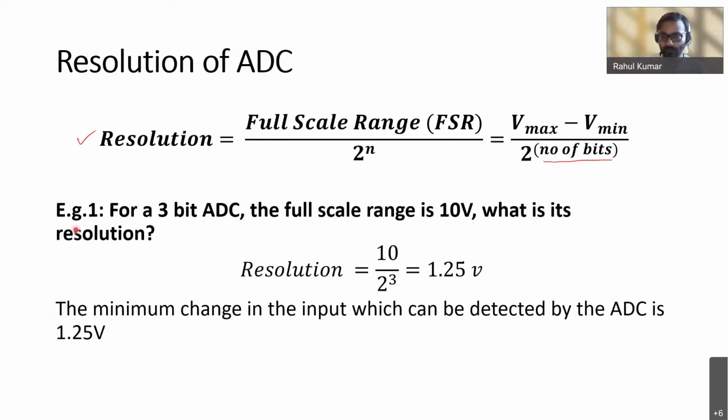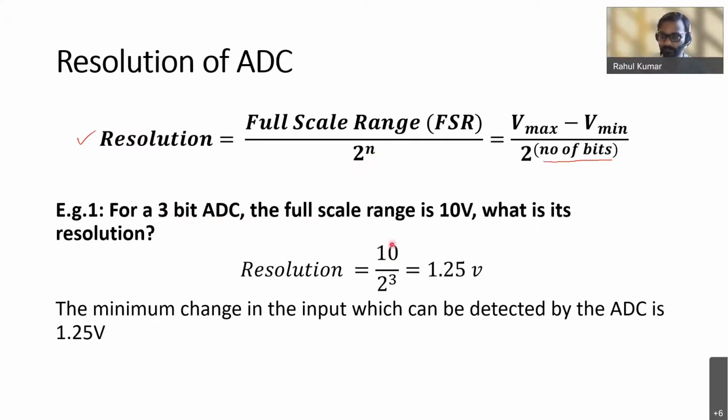Let's take an example. If we have a 3-bit ADC and the full scale range is 10 volts, and we are asked to calculate the resolution of this ADC. We are given the full scale range value, which is 10 volt. We are given the number of bits this ADC is using, so it is using 3 bits. So the value of n is 3.